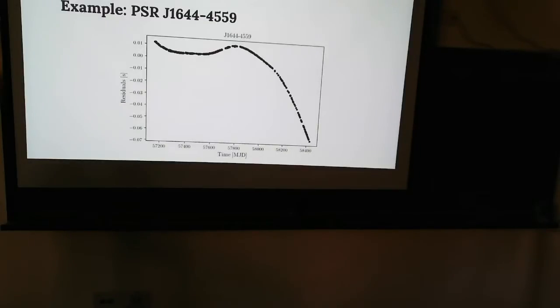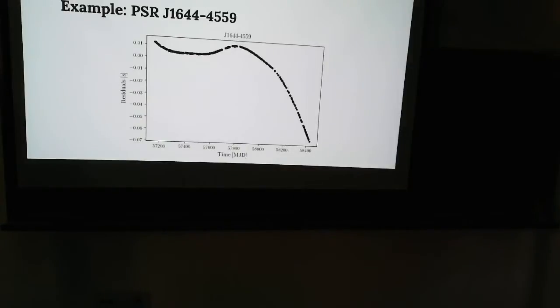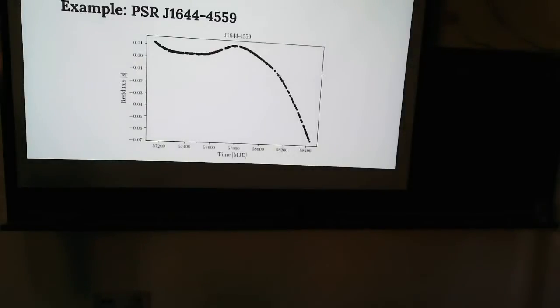So once Temponest finishes its run, it outputs a new ephemeris file, and that does include these terms that describe the timing noise. So you can then open up this new ephemeris file in Tempo 2 and subtract off the red noise from your timing residuals.